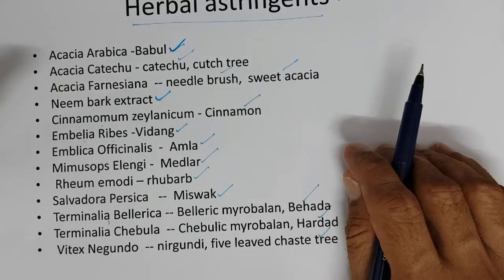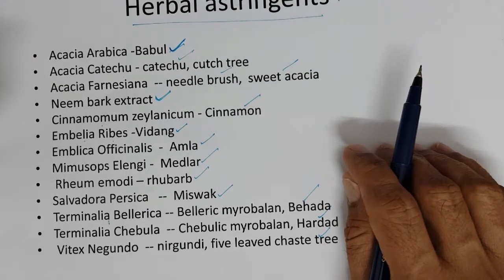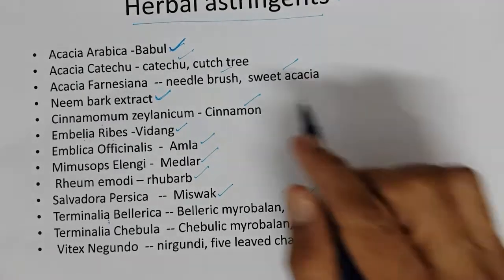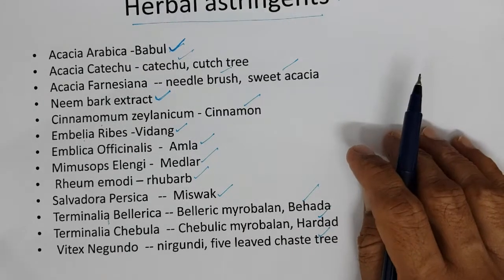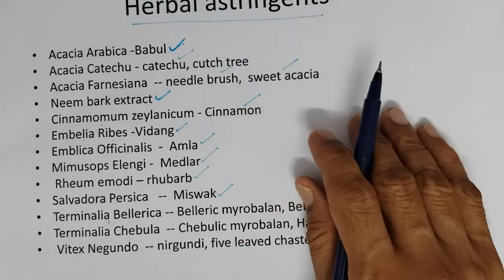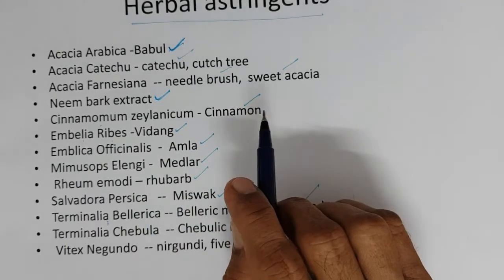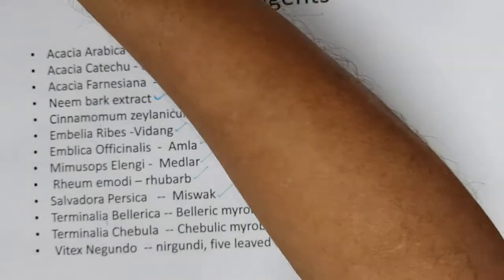It has mild antiseptic properties, antioxidant properties, right? So it can quench free radicals, right? I am not going deep into the chemical constituents of each, it will again be a big session.